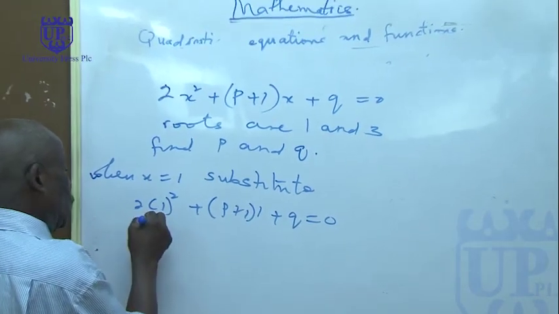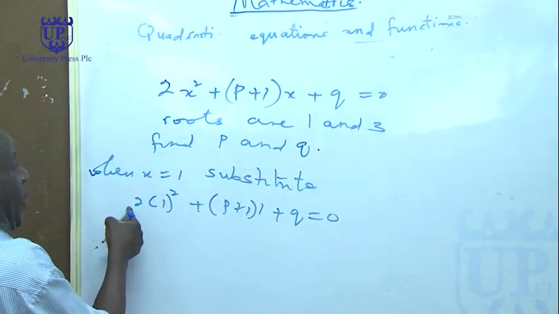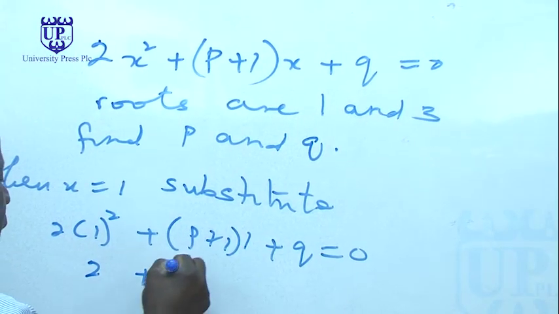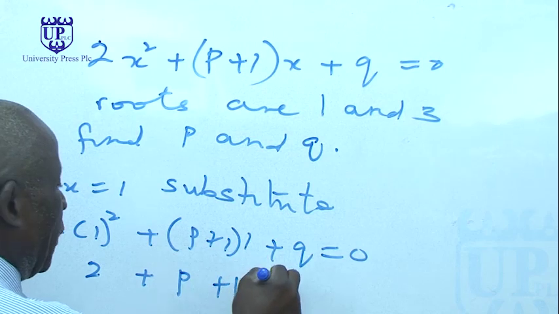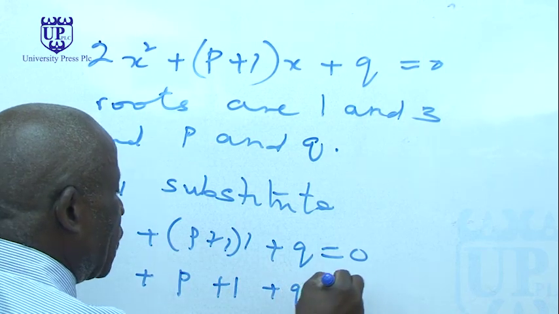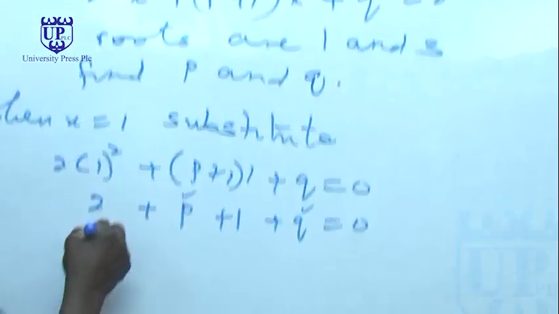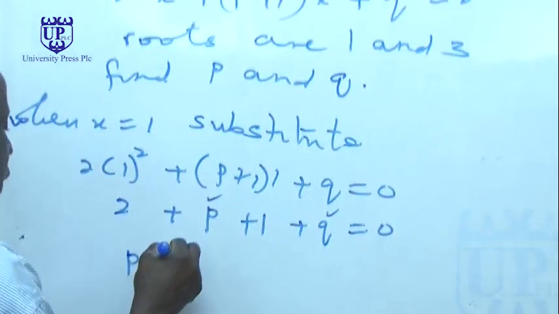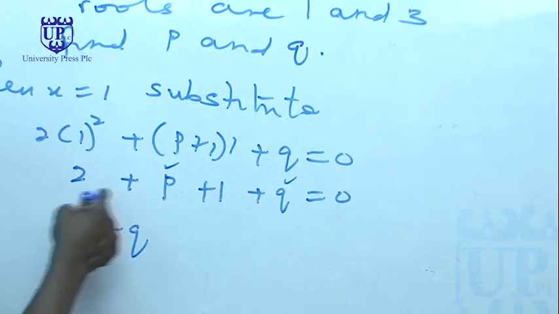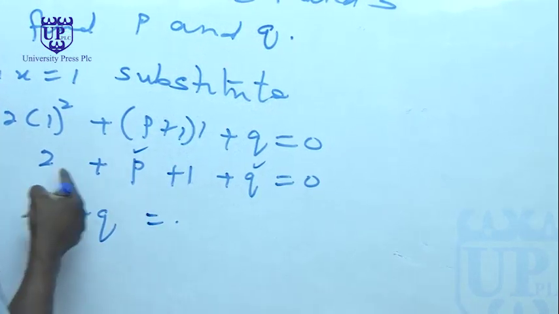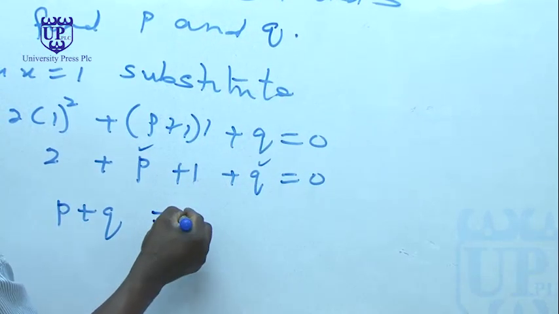Please, this is 1 square, 2 is not affected. 2 plus p plus 1 plus q equals 0. This is a variable, this is another variable. Write them together: p plus q. 2 plus 1 equals 3. 3 is on this side; when it goes to the other side, it becomes minus 3.